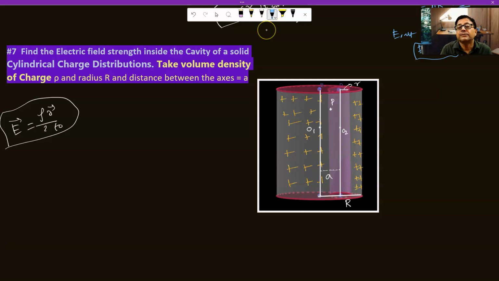Clear? This point P has some location with respect to the axis. Imagine it three-dimensionally. This distance is R1. It has some distance R2 from O2. O2 is just the corresponding point on the cavity.